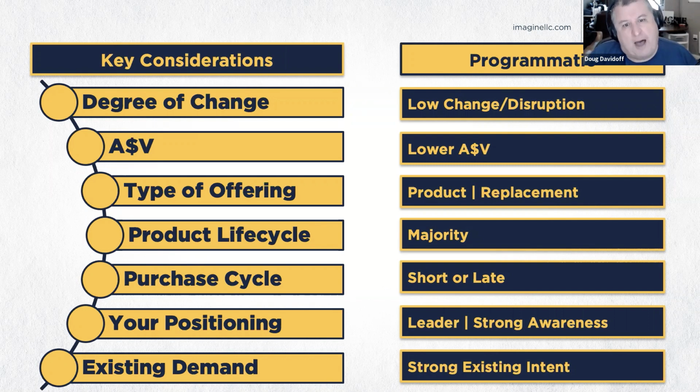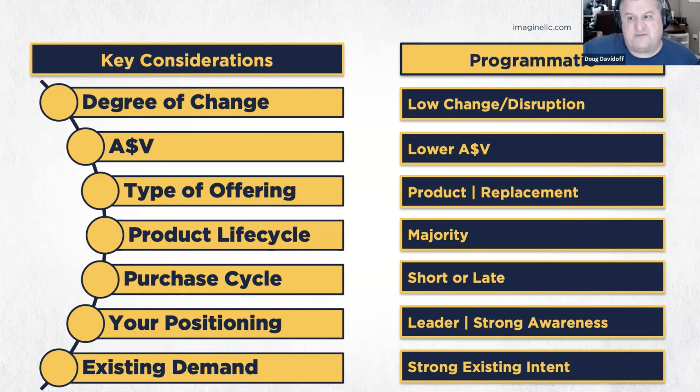CRM was a dominant item in the late 90s and early 2000s. I would buy the CRM and I would be able to still use the CRM. Key consideration: what's the average ASV? Programmatic sales development works at lower ASV.